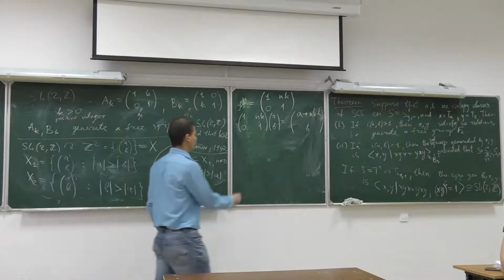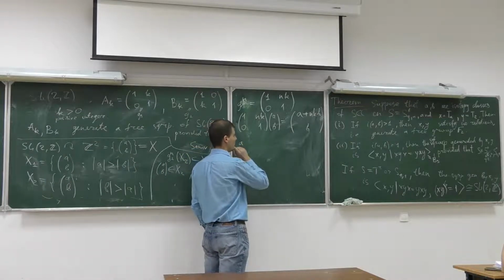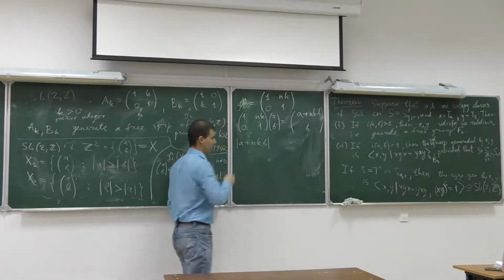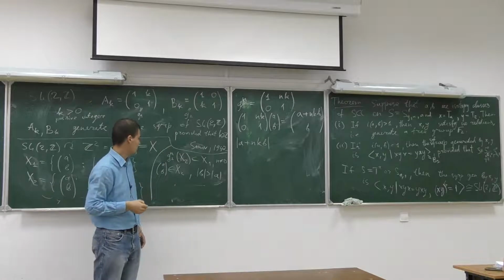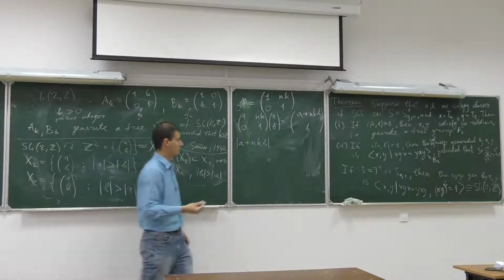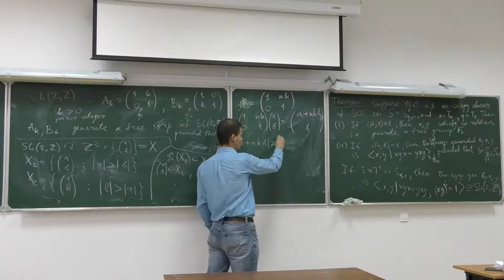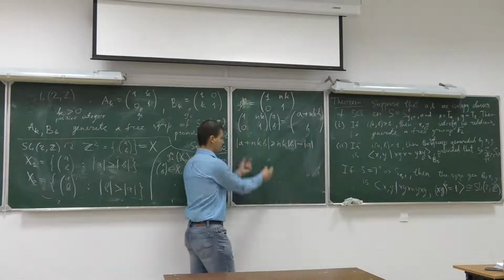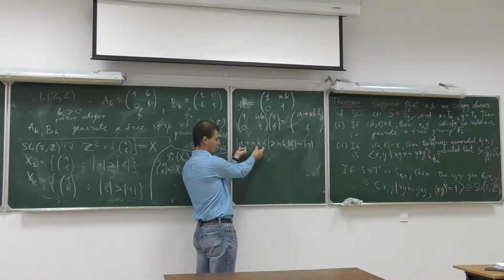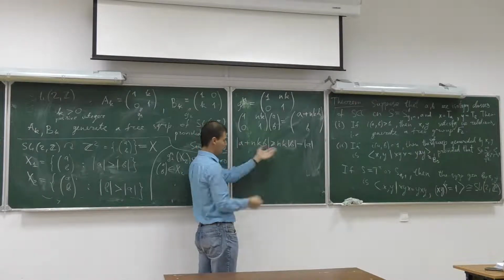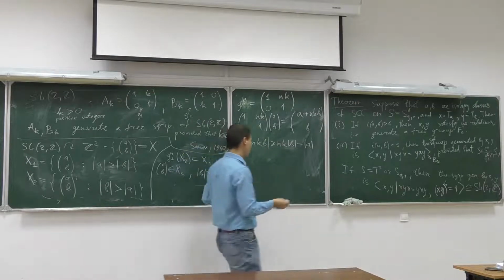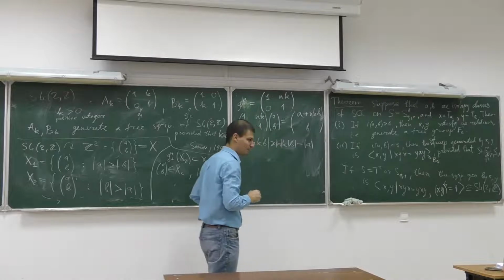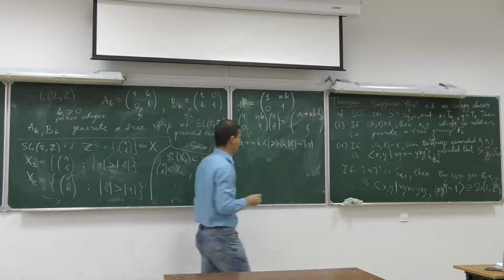If we are interested in the absolute value of A plus nkB, then it is greater than or equal to... these two numbers may be of the same sign or of different signs, but this is just a triangle inequality. I would like to write modulus n here since n may be negative as well.